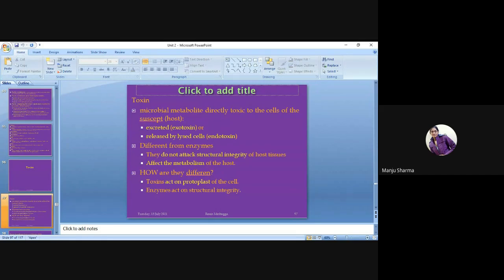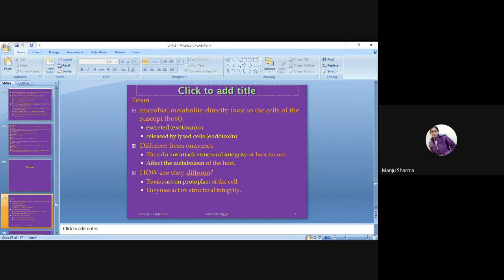The meaning is the same, but excretion means these will be exotoxins, outside of the plant. For outside we use the word excreted, and released by lysed cells means these are the endotoxins, released inside the cells.